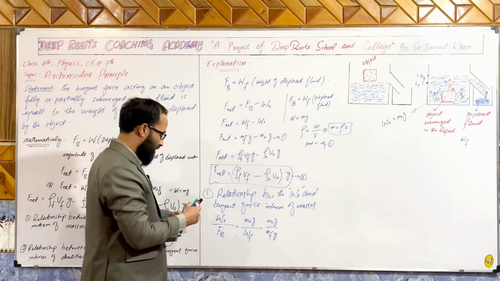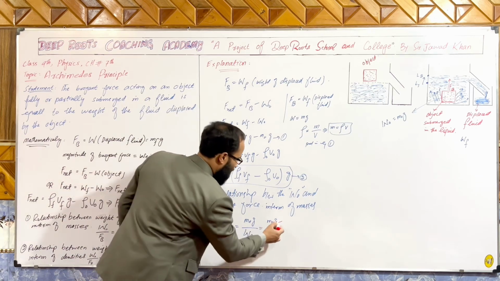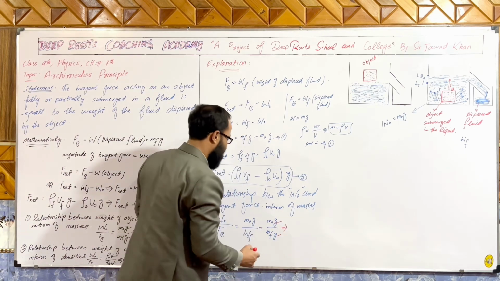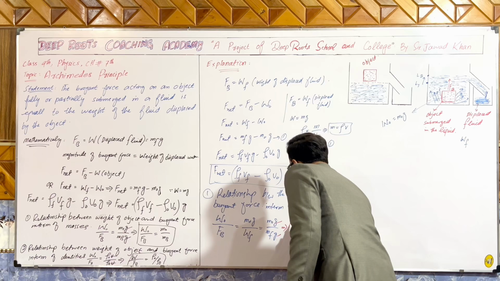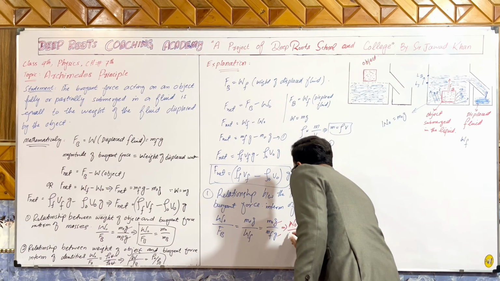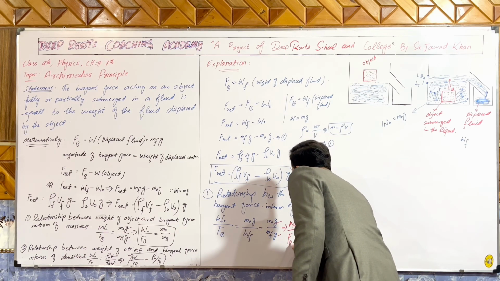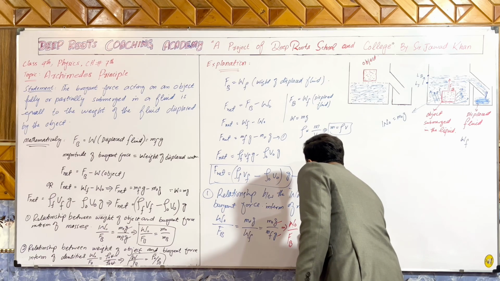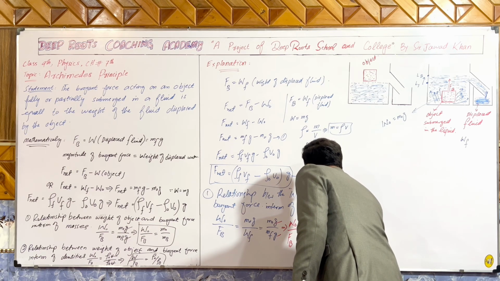So g will be cancelled with g, and this relation will become Wo divided by Fb is equal to mo divided by mf.